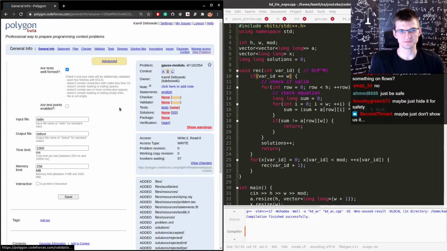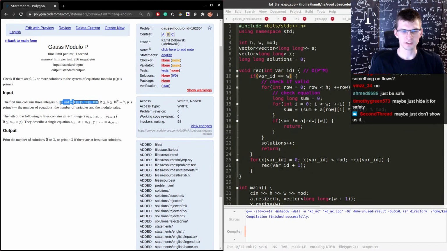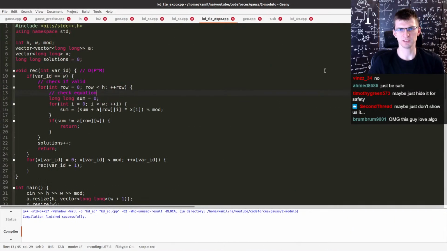Gauss Modulo. We are ready, I guess. Are those limits good? We have n cubic times logarithm coming from modular inverse. Will Python be fast enough with those limits? How much time will C++ need?